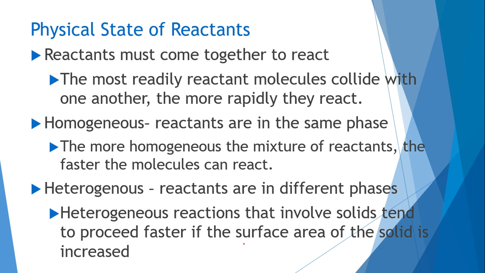A good example of this is whether a powder versus a pill works better. Typically, powders work better because you have more surface area for a reaction to take place versus a pill. But oftentimes, doctors give things in pills because they don't want the reaction to happen until it gets to a certain part of the body where they want that reaction to take place.